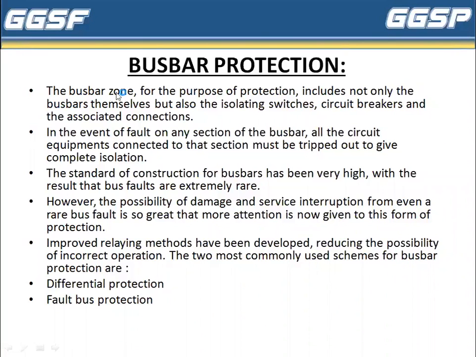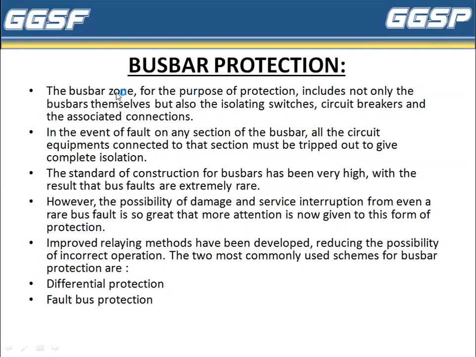Busbar protection. In this slide, the busbar zone for the purpose of protection includes not only the busbar themselves but also the isolating switches as well as circuit breakers and the associated connection. In the event of fault of any section of the busbar, all the circuit equipments connected to that section must be tripped out to give complete isolation.